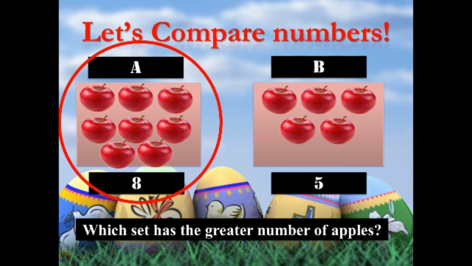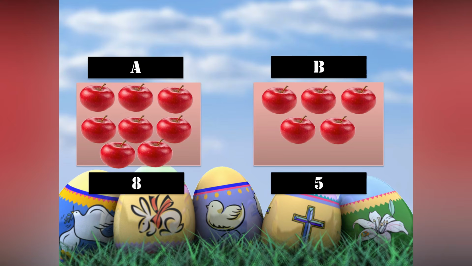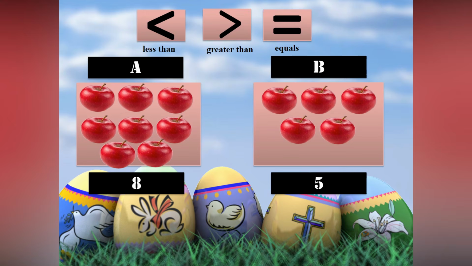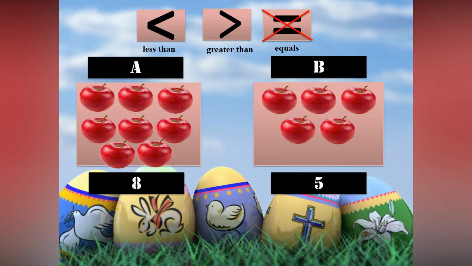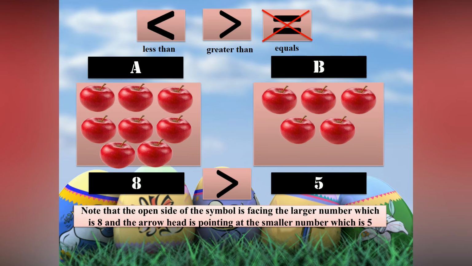Now, to compare the numbers, we need to use the relation symbol: less than, greater than, or equal. Basically, we will not use the equal sign since the two sets do not have the same number of apples. To easily determine which relation symbol we will be using, remember this trick.